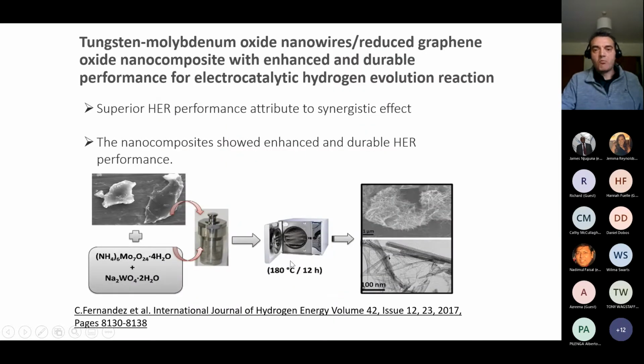Okay, and now we're moving to something that we have done here. As you can see, in this particular case we have used tungsten and molybdenum oxide nanowires and reduced graphene oxide nanocomposite.